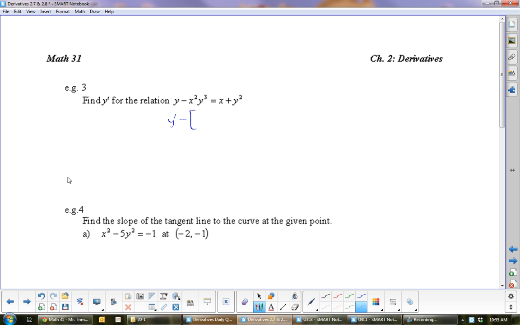And this would be, first times the derivative of the second would be 3y squared y prime, plus the second times the derivative of the first would be 2x, equals 1 plus 2y y prime.